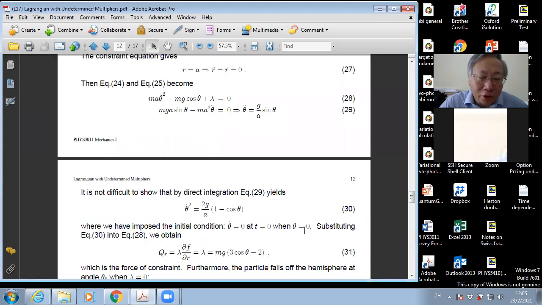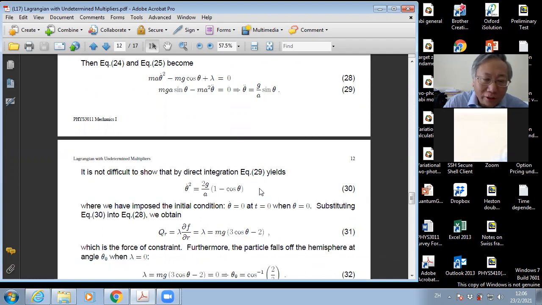Now, it is not difficult to show by direct integration that we can find theta dot squared. By the chain rule, d theta dot dt is equal to d theta dot d theta times theta dot, a standard trick. So we can obtain a solution like this for theta dot squared. Once we obtain this theta dot squared, we can substitute it into equation 28. Then we can obtain lambda readily.